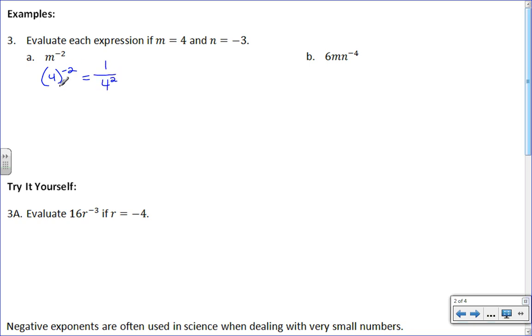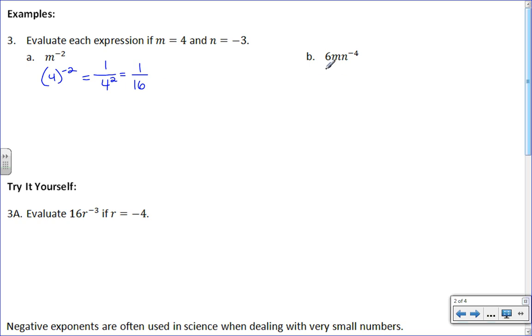This right here does not make a whole lot of sense. I can't just start figuring out what this number is because this negative exponent doesn't tell me how many times to multiply by 4. So we first write it with a positive exponent because now I know what 4 squared is. And 4 squared is 16. And we can leave our answer just like that, 1/16.